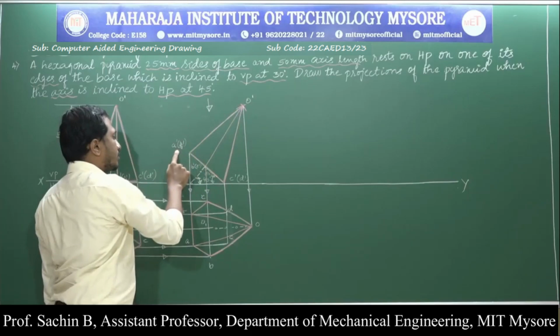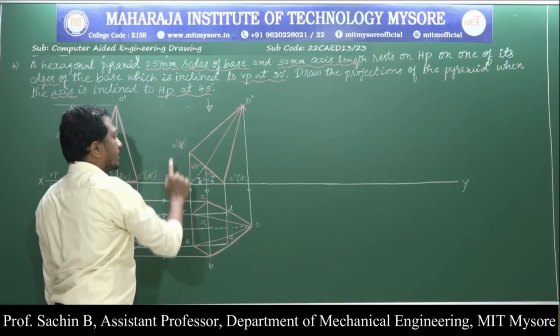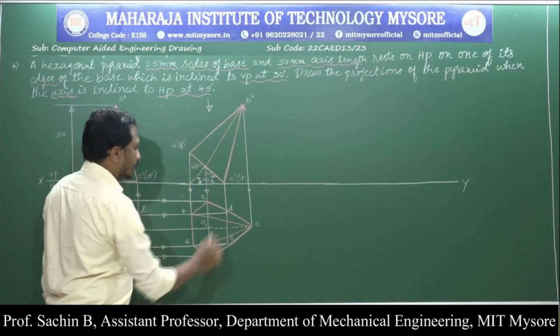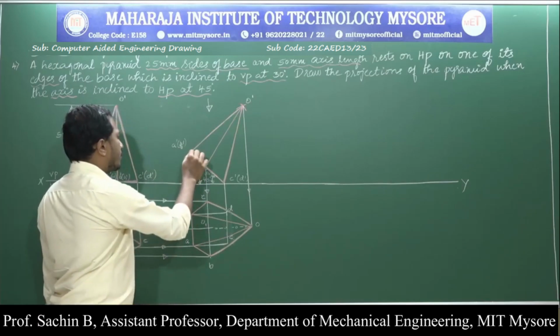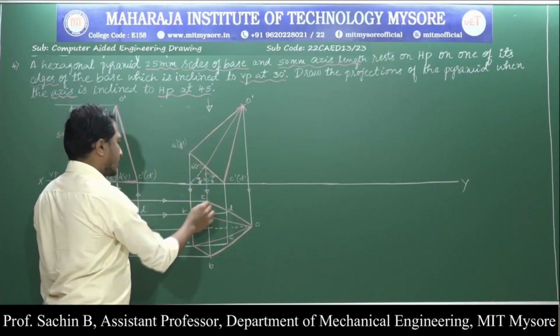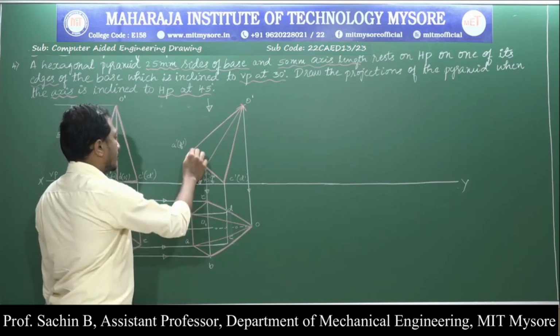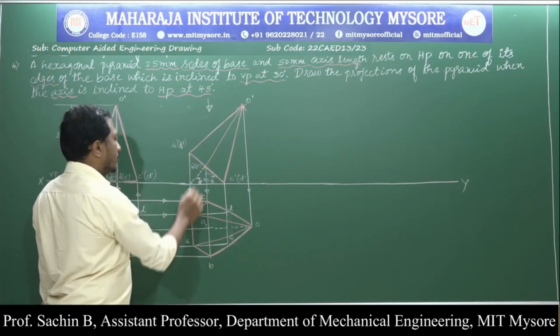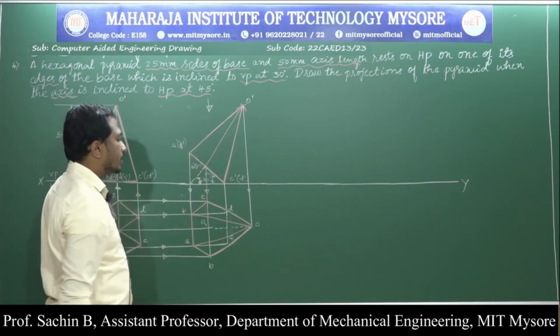According to O dash to A dash, O dash to F dash is clearly visible for us. I have written that. Next, from A dash to F dash clearly visible, that I have written. From A dash to B dash I have written. From A dash to E dash is clearly visible.